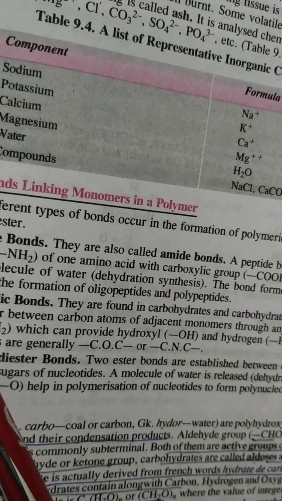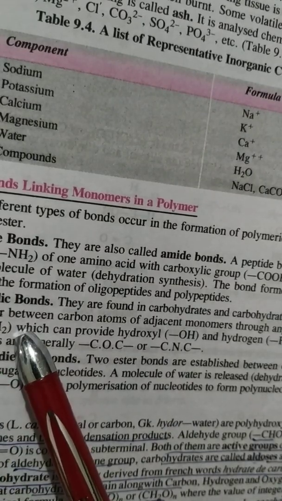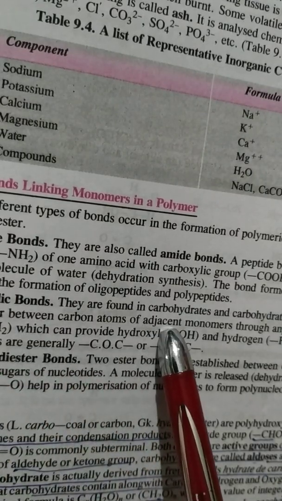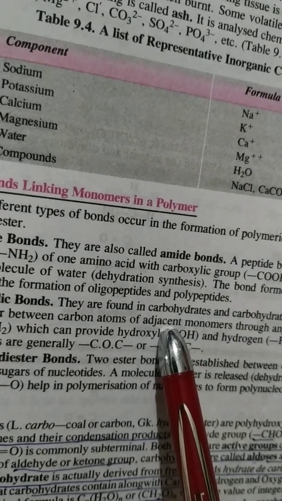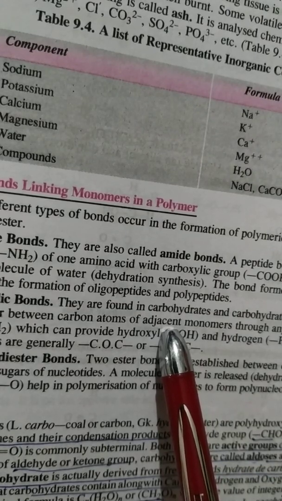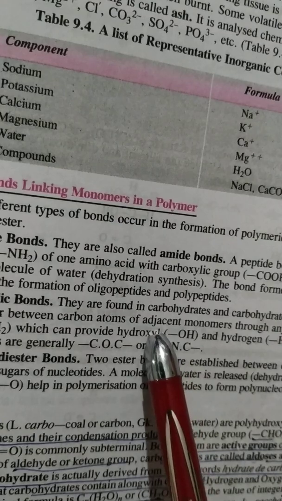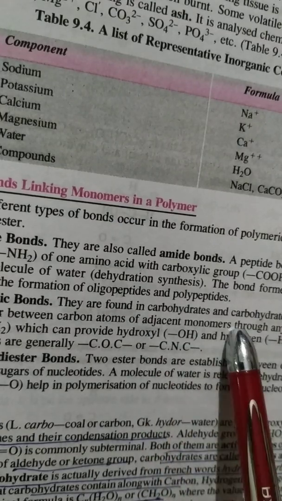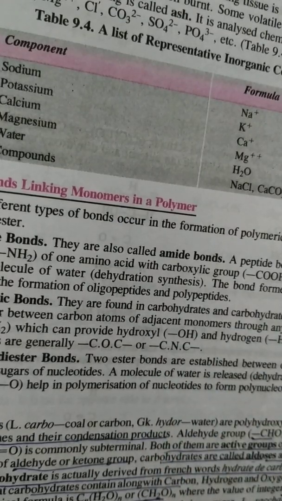The second bond is the glycosidic bond. It is found in the formation of polymers of carbohydrate, that is polysaccharides or oligosaccharides. That means it is found in carbohydrates and carbohydrate-containing complex compounds.